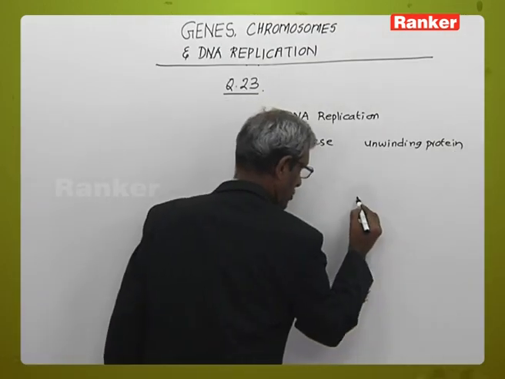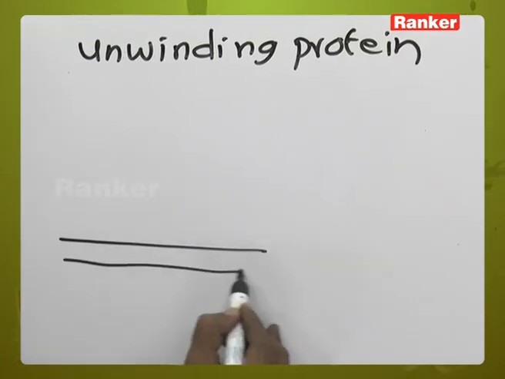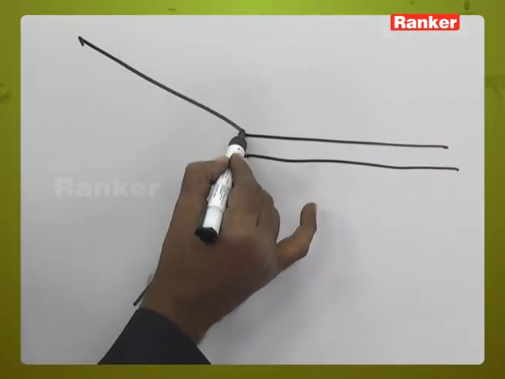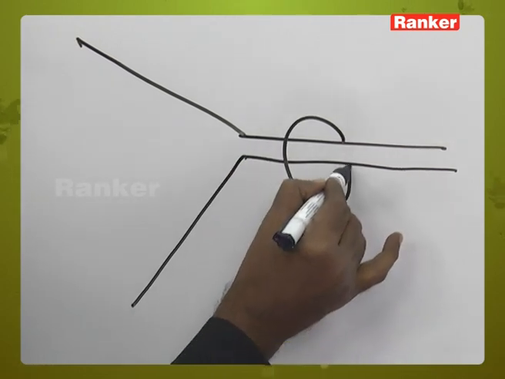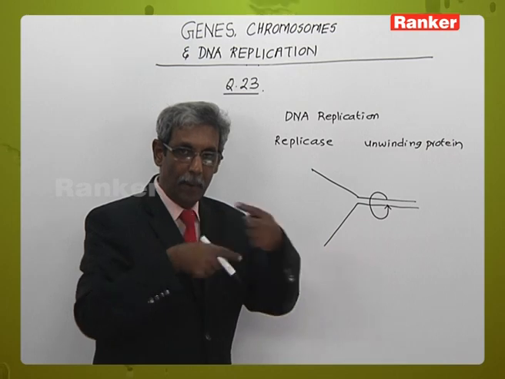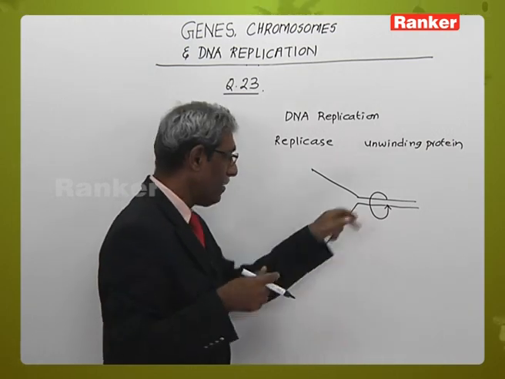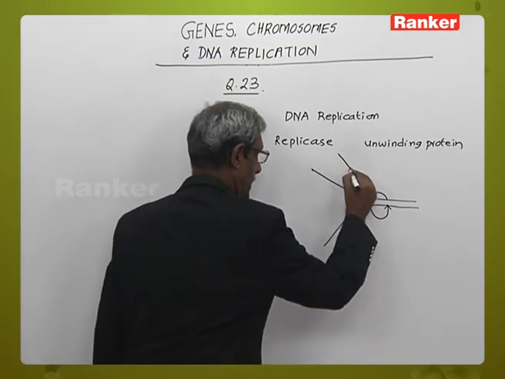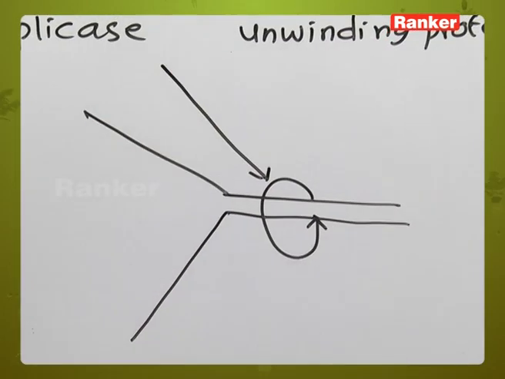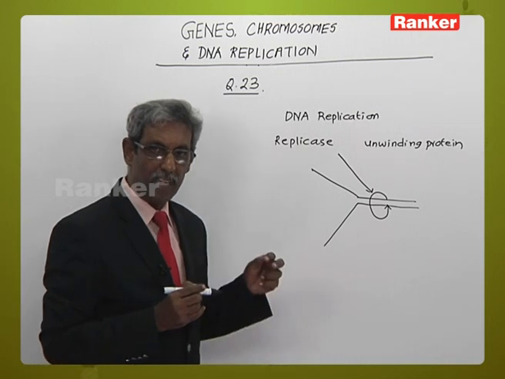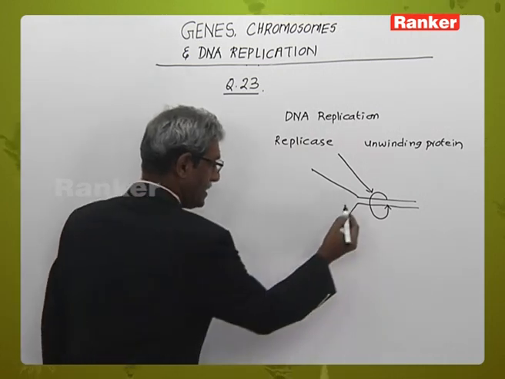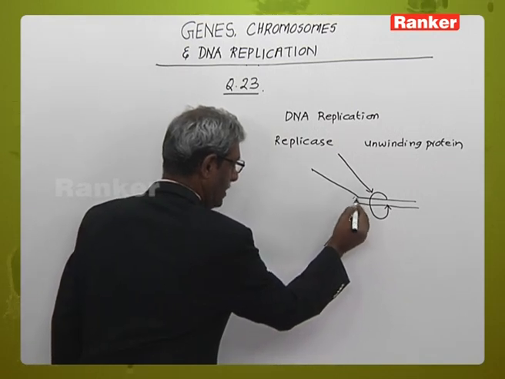If we have two strands of the DNA, the two strands are separated, there is unwinding. It is just like you open out a thread. So, the unwinding enzyme is primarily termed as the replicase. Replicase is the unwinding protein, and the place where the DNA strands bind, this is the region where the single strand regions bind.